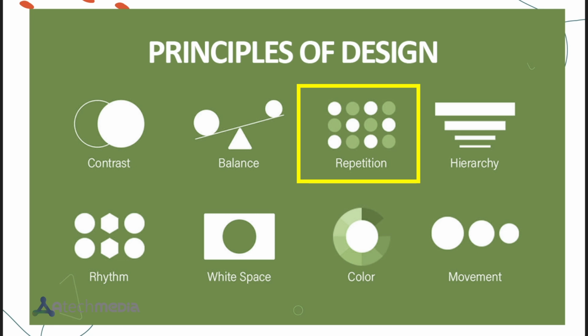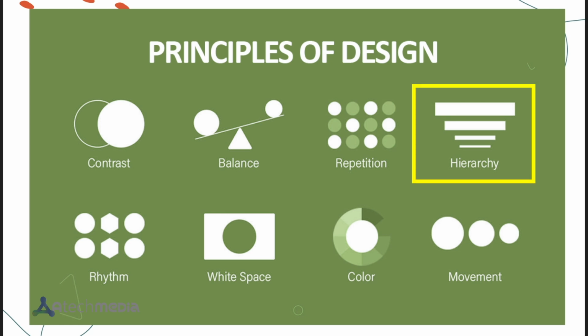So we also have hierarchy. This just shows how valuable an element is in that design. It's just placing a level of importance on a particular object in your design. You would agree with me that not all objects have the same level of importance.